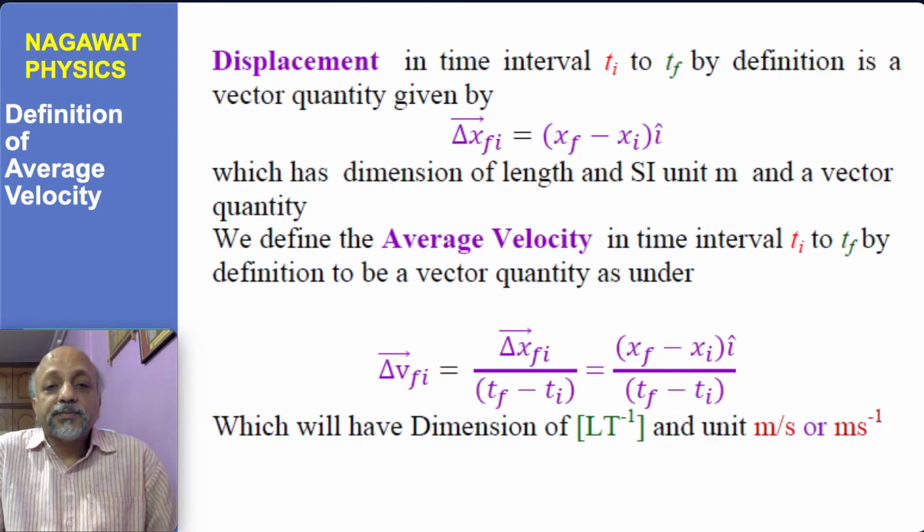So using the displacement vector and multiplying it by the reciprocal of the time interval, and since the scalar multiplication of a vector involves multiplication between a scalar and a vector, this is a permissible operation, and I have defined a quantity called average velocity.